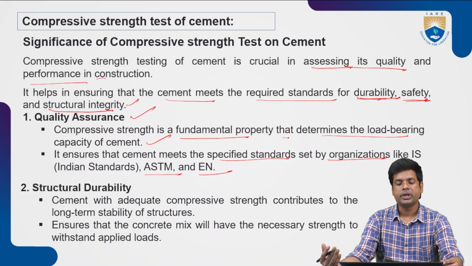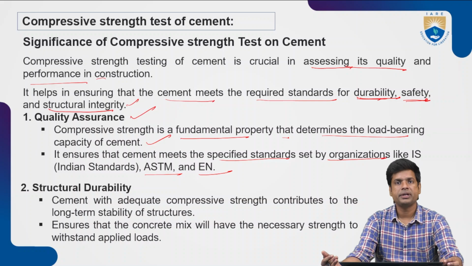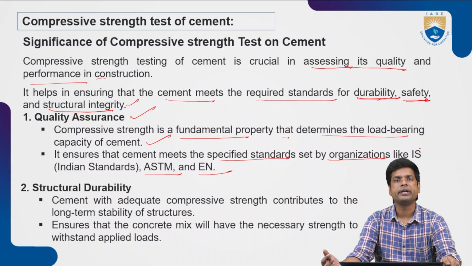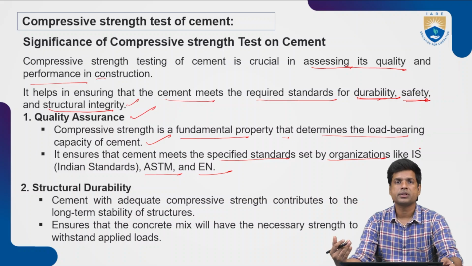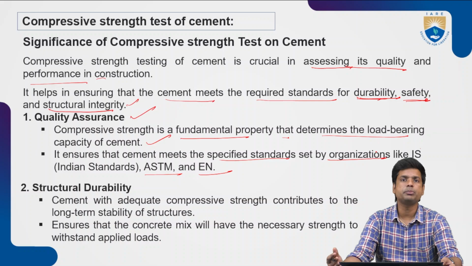So whenever you test the cement cube, we can know whether the cement is satisfying the criteria mentioned by different organizations like Indian Standards. In our code book, the Indian Standards, they have mentioned different specifications depending upon the environment, the type of structure, and the quality of the materials. They have set rules and standards, and we have to follow those standards whenever we use cement in construction.